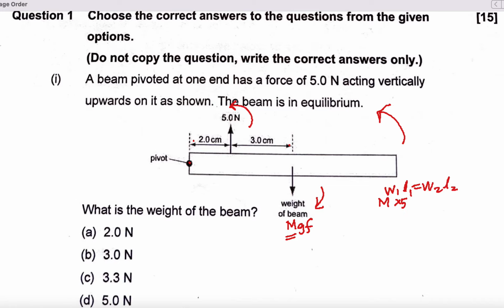So m into this distance, and W2 will be this, 5 multiplied by how much, 2.2? So 5 and 5 got cancelled and m will be 2.0. Understood? So your first one is this way.